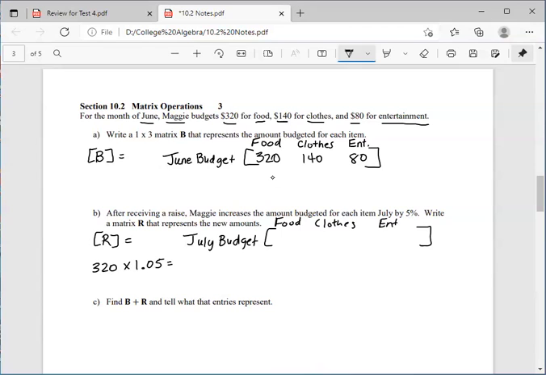Most people are going to say 320 times 5%, they get the increase and they add it back on. And that's fine if you want to do the 2 steps. But if you multiply by 1.05, you're going to be able to handle it all in 1 step. So 140 times 1.05, I'm just taking each of these numbers. 80 times 1.05. And that's going to get us our new matrix that we were supposed to have for her July budget.